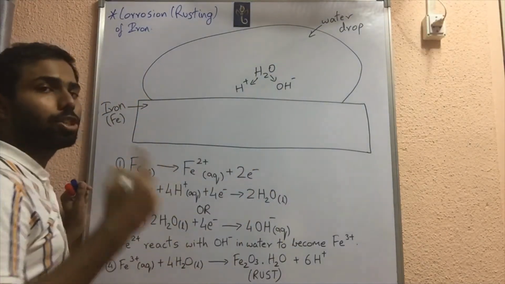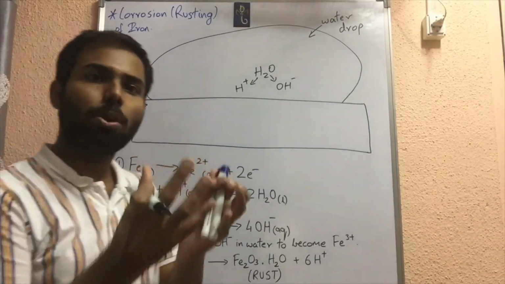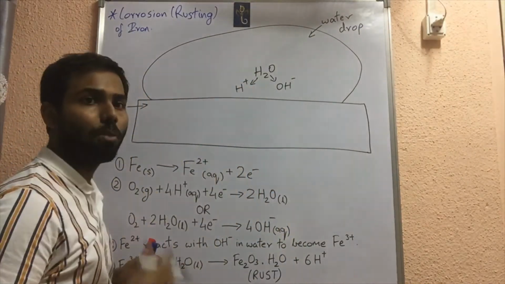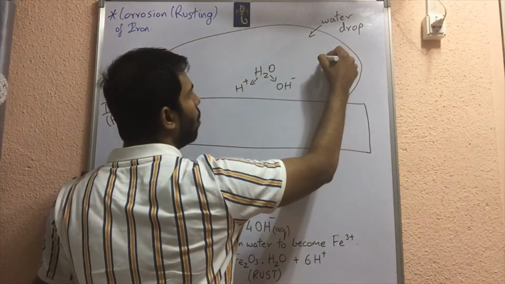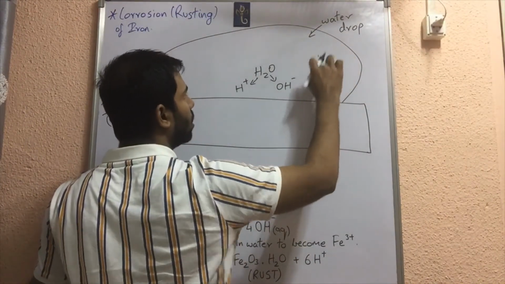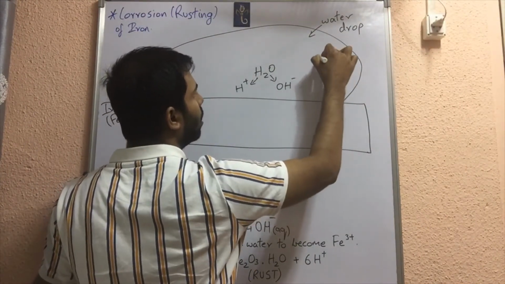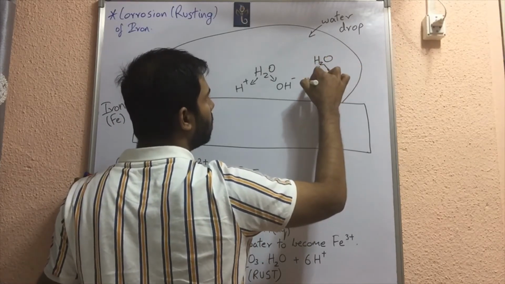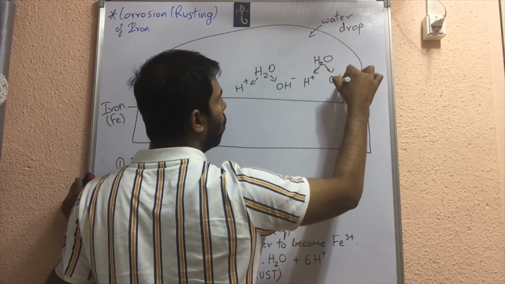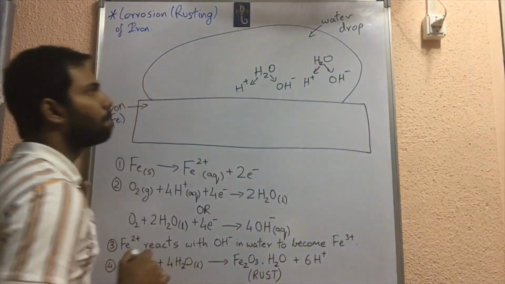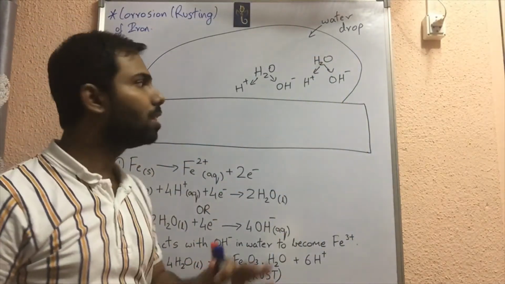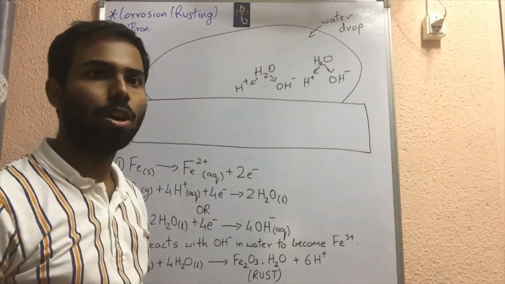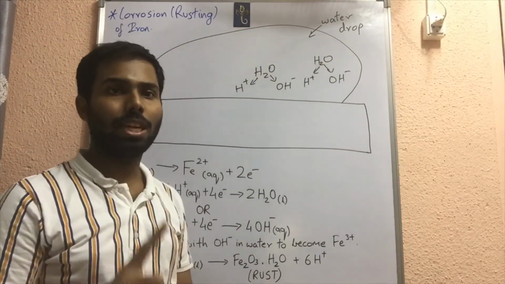So let me draw one more water molecule which has been split into H plus and OH minus. Water can be in the form of H2O, and it can also be in the form of H plus and OH minus in the water droplet. That's the first thing we need to know.